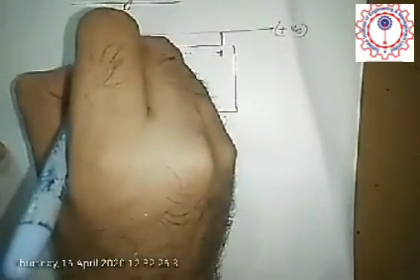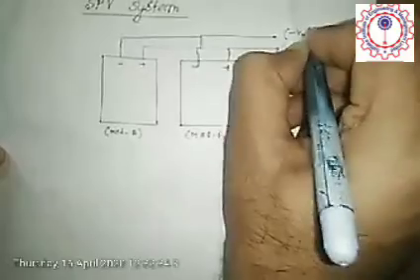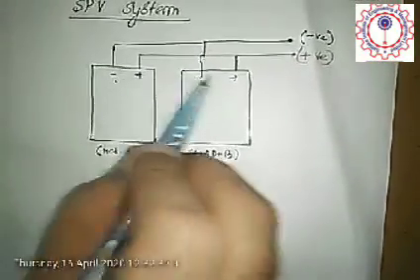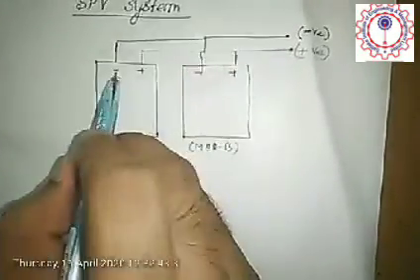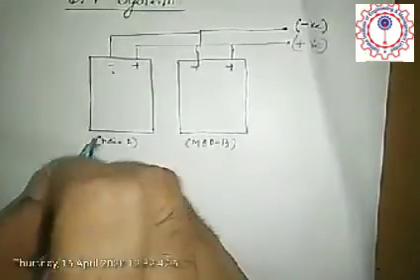This is the negative terminal of module 1 and this is the negative terminal of module 2. Both are connected in parallel, so they are connected with each other, and finally this is the negative terminal.